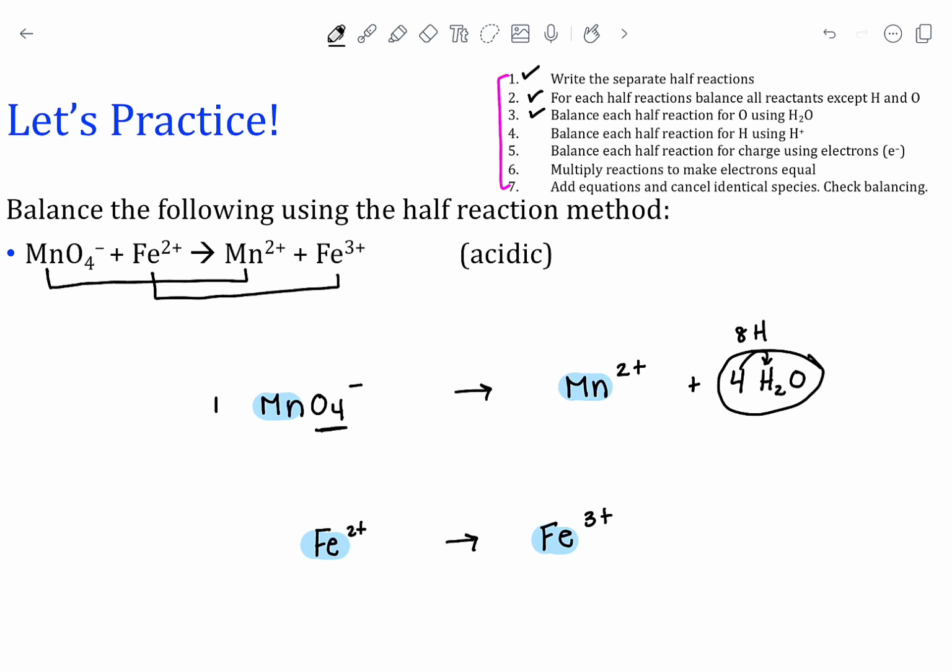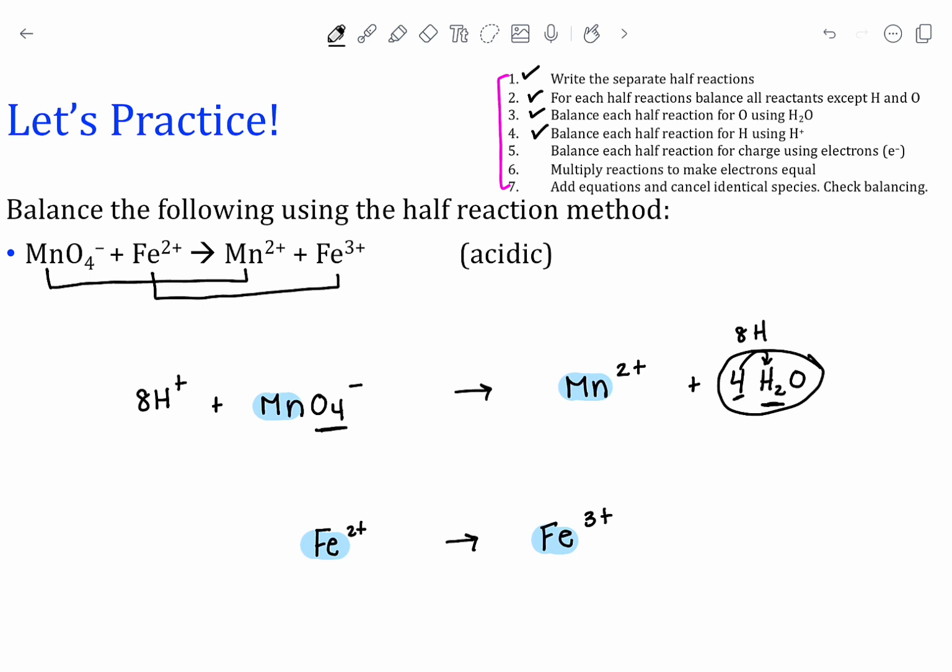So I have to add 8 H+'s on my reactant side to balance that out. Remember, each water molecule has 2 hydrogens in it, so whatever the coefficient in front is, you multiply it by 2, and that's how many hydrogens you need to add. Our second reaction has no hydrogen, so we do not need to balance using hydrogen there. So that is our fourth step.